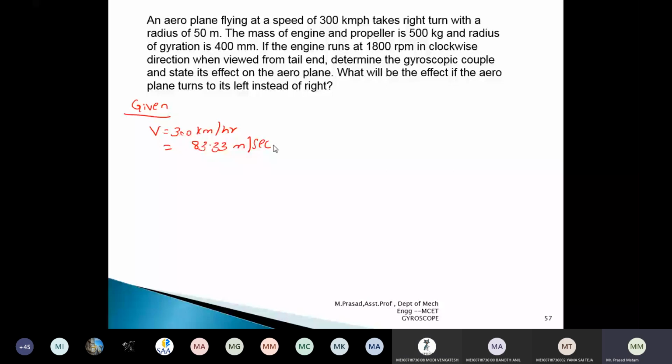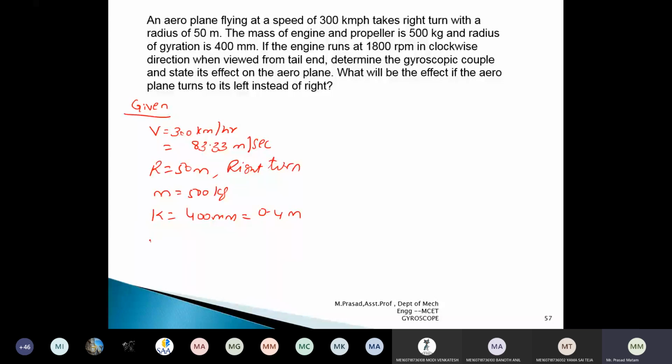The aeroplane is taking a right turn with a radius of 50 meters. What is the rotational radius? Take it as capital R, 50 meters, and it is taking a right turn. The mass of the engine and propeller is 500 kg. Given mass m equals 500 kg and radius of gyration k equals 400 mm. Write this in meters, that is 0.4 meters.